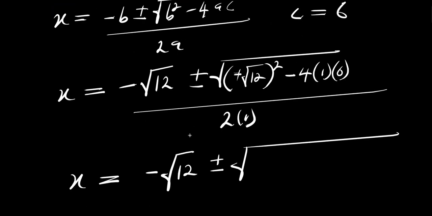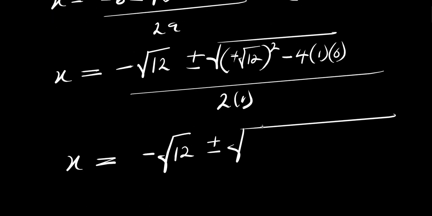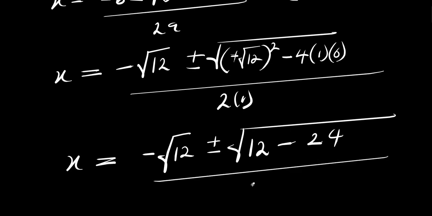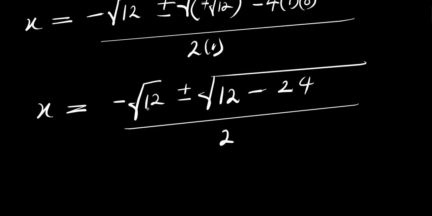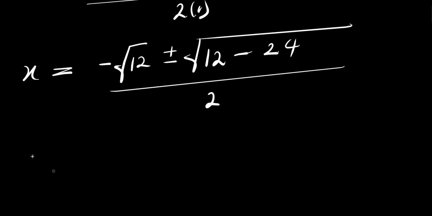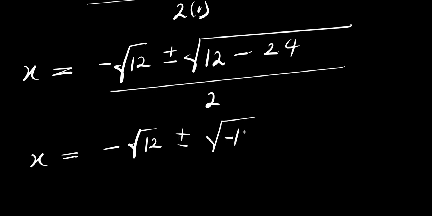All right. So this will still give us 12, because root 12 will cancel the power of 2 there. Minus 24, divided by 2. So right now we have x equals negative root 12 plus or minus square root of negative 12, divided by 2.